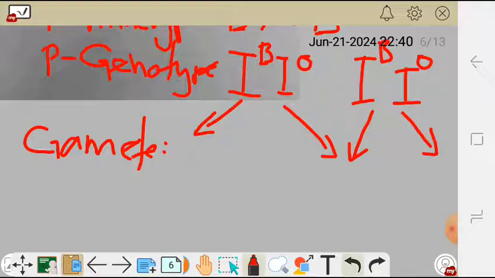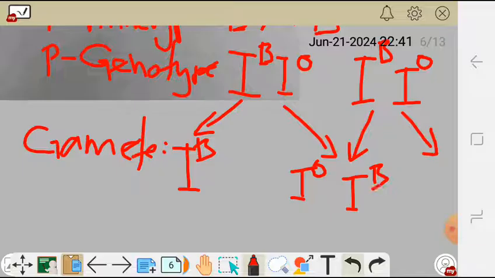So there you separate under formation of gametes. These will separate 50-50, and this will be on its own. We are going to have a B, and then here we are going to have an O. Then this one is alone when we are forming gametes, so we are going to have an O there.